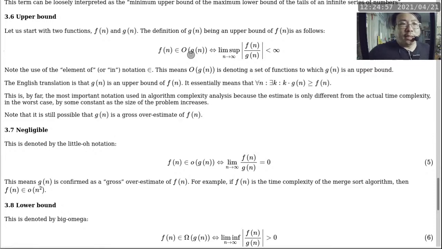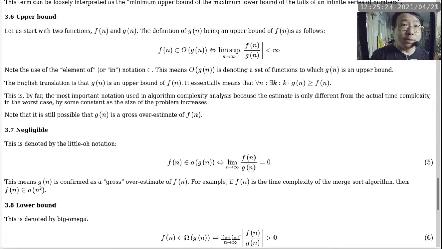Let's use some examples. This definition of big O is probably a little bit foreign, because when other classes use the big O notation, we just say this is the order of magnitude, or the complexity order, but not quite in this sense. So we'll use a few examples.